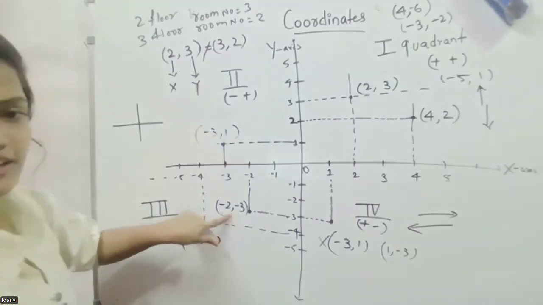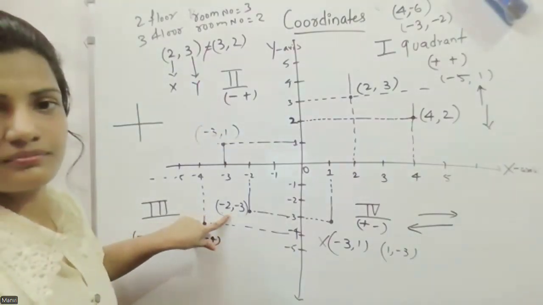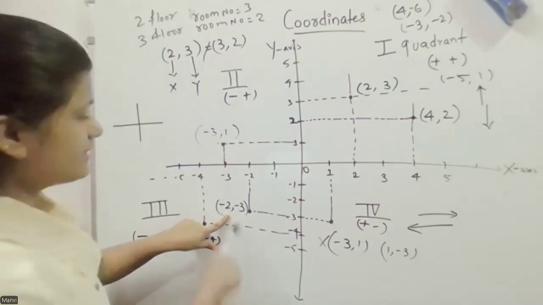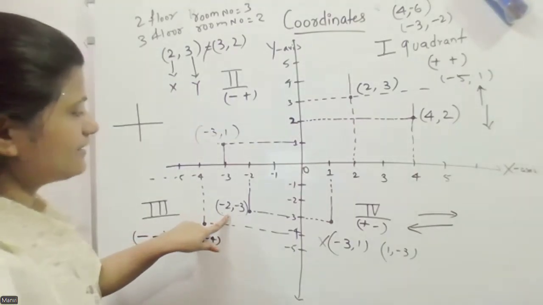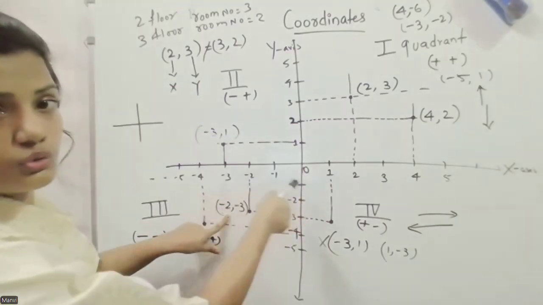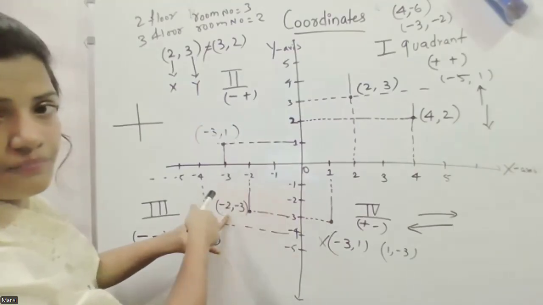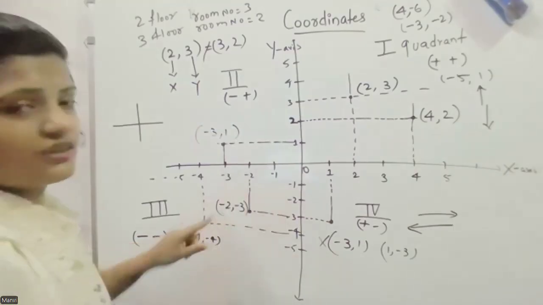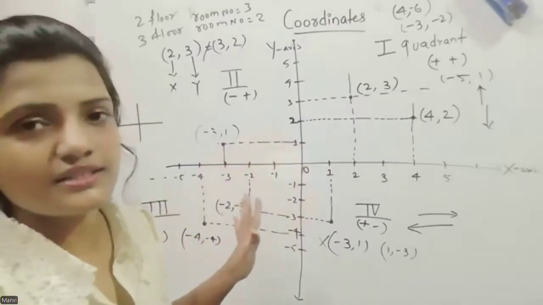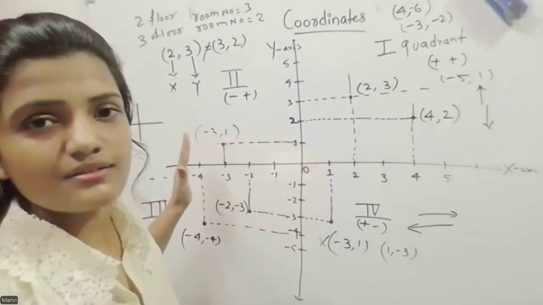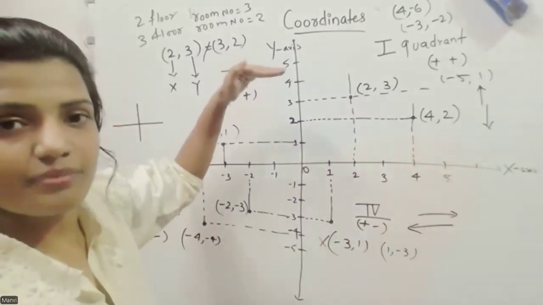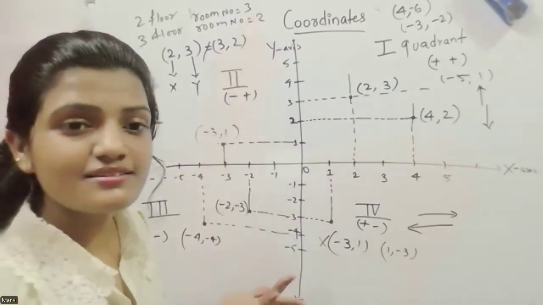Okay. For this, what can we say? -3, I mean, -2 comma 3. So 2 left and 3 up. Don't say minus when we say left, right, up, down. We can understand that left means minus, right means plus, up means plus, and down means minus.